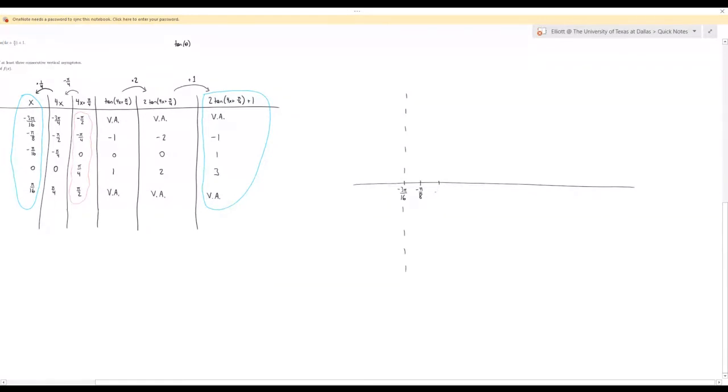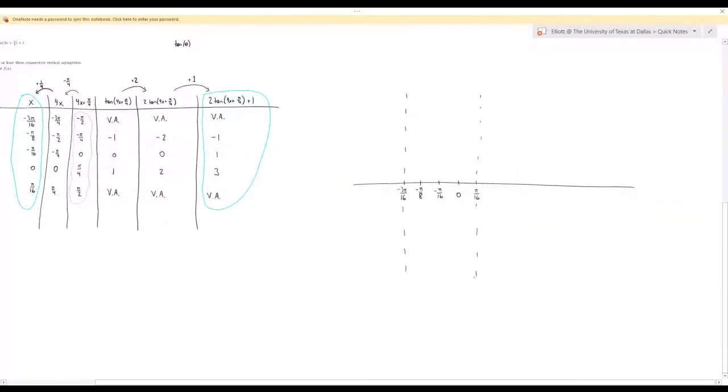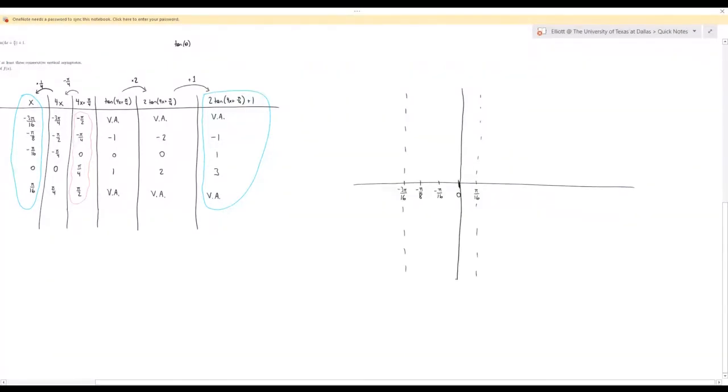Let's say this is minus pi over 16. Let's say that's a 0. And then let's say this is pi over 16. And here's another vertical asymptote. Let me add in my vertical axis here.